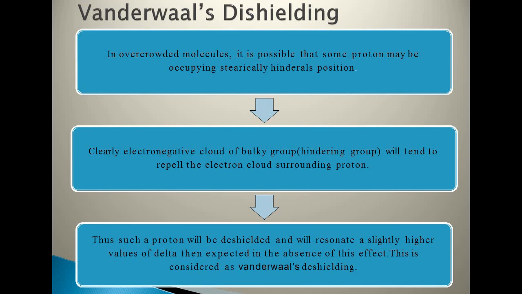As the proton is shielded due to the electron density, and the bulkier group pulls this electron density towards itself, ultimately the proton's protective cover is gone. So it will be detected as de-shielded, that is in the downfield region.